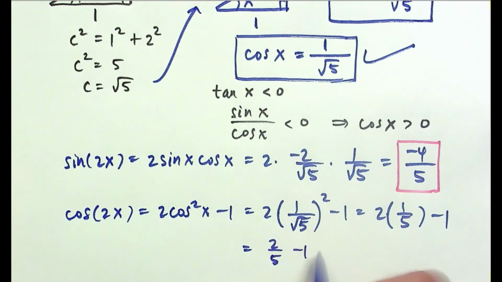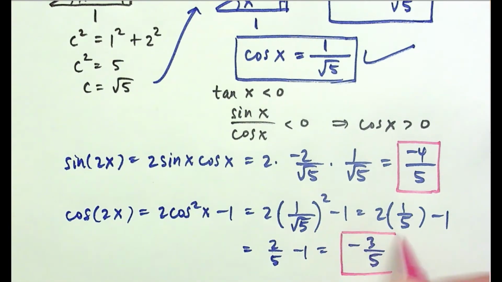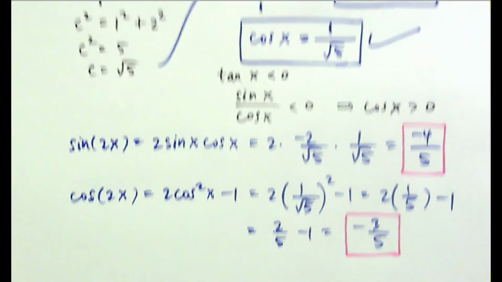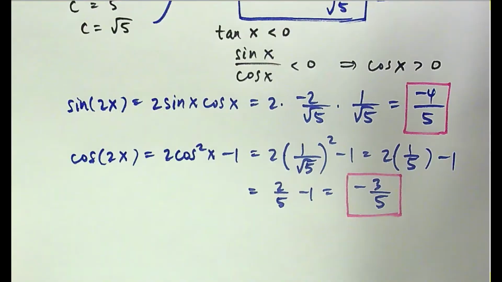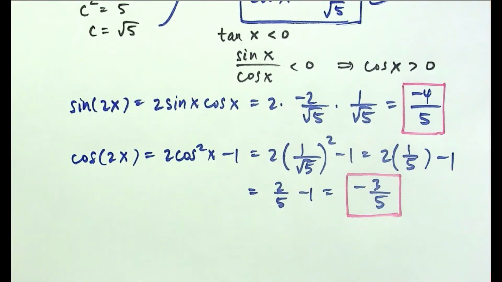This is 2/5 minus 1, which is negative 3/5. Do you see? This part is just plug in. So this is the easy part.